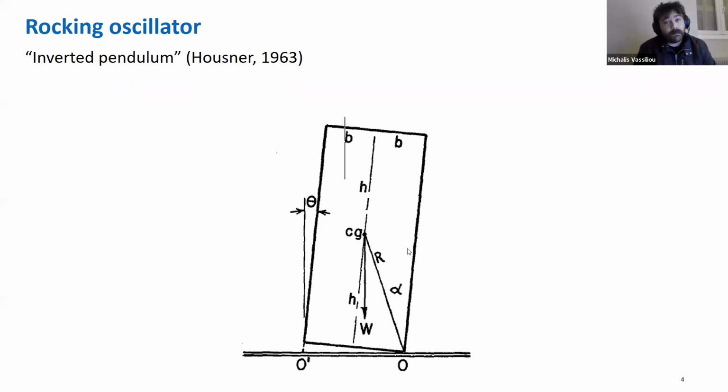But then uplift is a different thing than overturning. If this block is very large, it needs way larger acceleration, and most importantly, it needs this acceleration to persist so that it overturns. This is going to overturn, at least statically, when this corner is right above this corner.